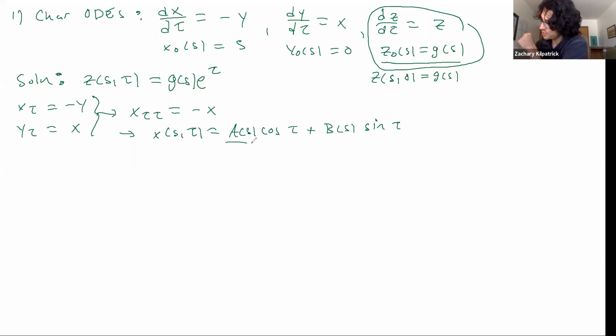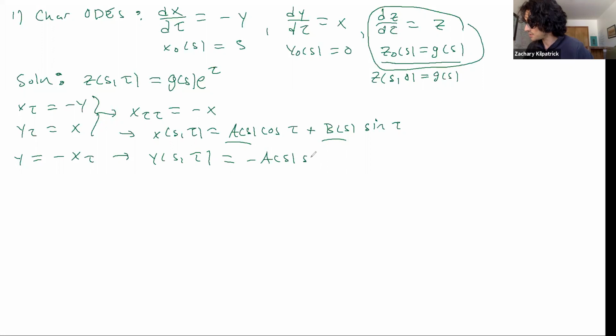So the constants could be functions themselves of s. And then this means, so then we can, just from this up here, we have that y is equal to minus x of tau. So that means that y of s, tau is equal to minus A of s sine of tau plus B of s cosine of tau.